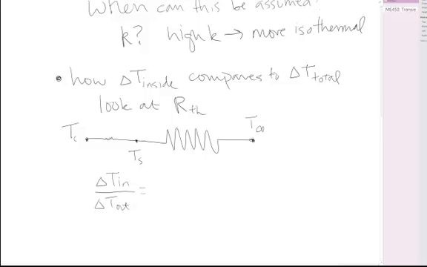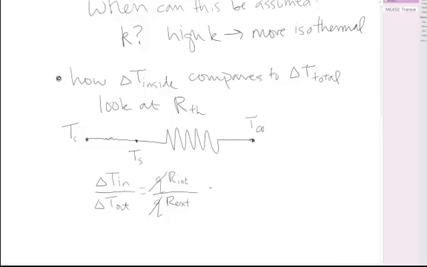If you think back to the thermal resistance analogy, delta T equals QR. So delta T inside is going to be Q times R interior, and the delta T outside the object is going to be Q times R on the outside of the object. And it's the same heat transfer that goes through both, so Q is going to cancel.